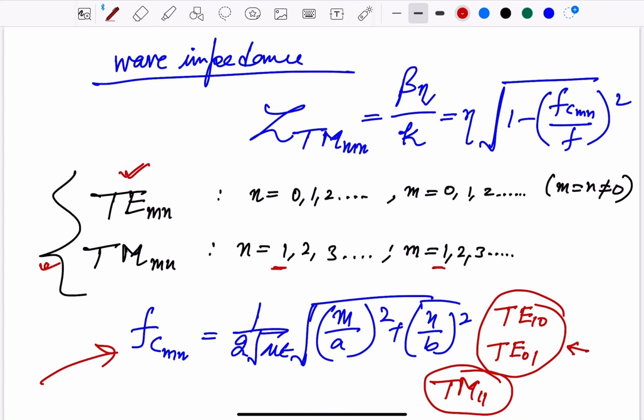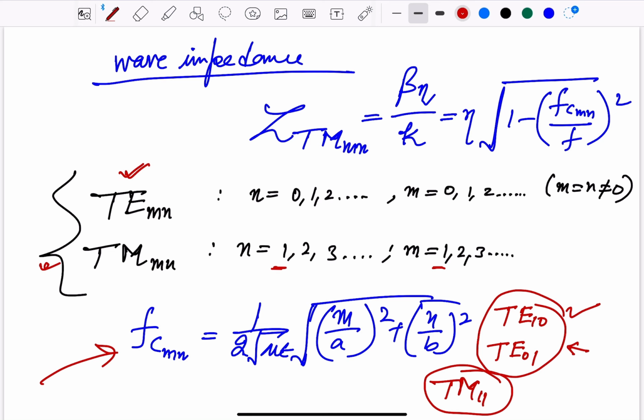And for the TE mode, it may be TE10 or TE01, depending upon the dimensions, how you are choosing, A greater than B or B greater than A. Depending upon that the mode will come. So the cutoff frequency for the TE mode will always be less than this TM11 mode.